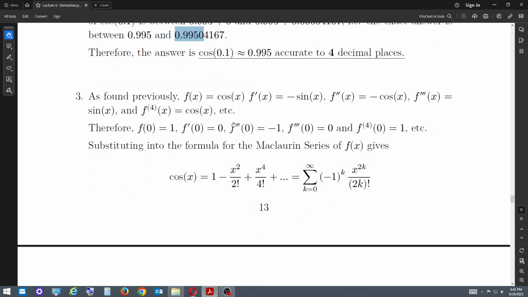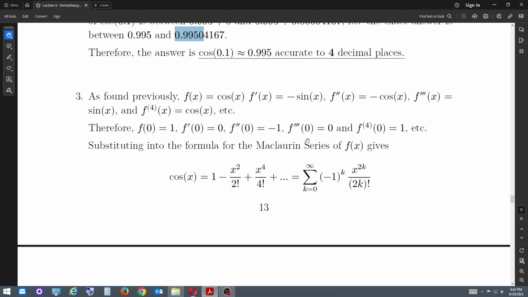So if you come down here, we already found f of x, f prime, f double prime, etc. We can substitute the value for a. This time we substitute in a as 0 everywhere. We're not worrying about any ξ. Right? This is the Maclaurin series, not a polynomial. So the series goes to infinity, so there's no error term involved there.